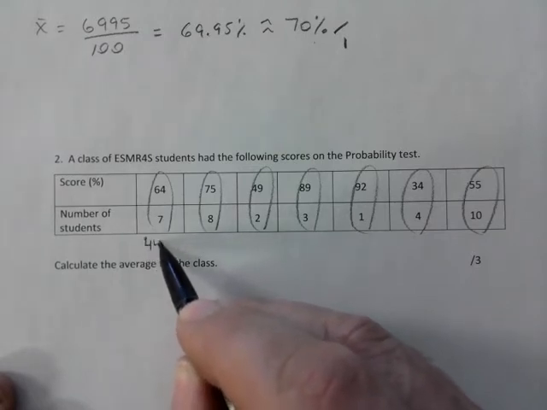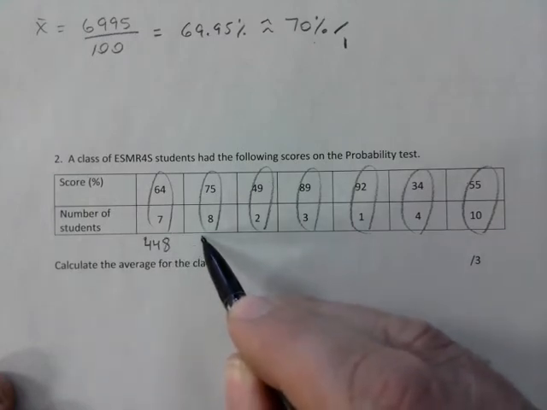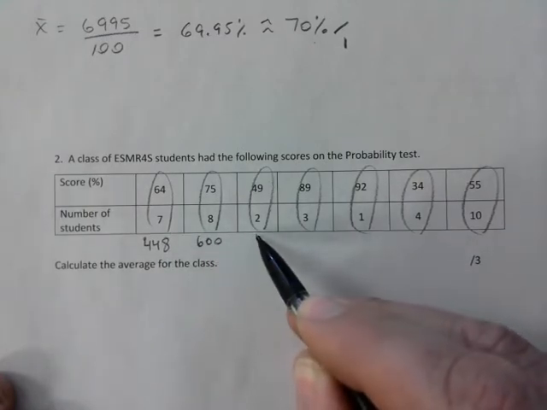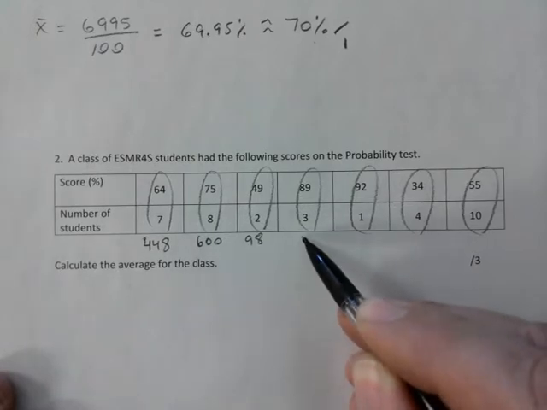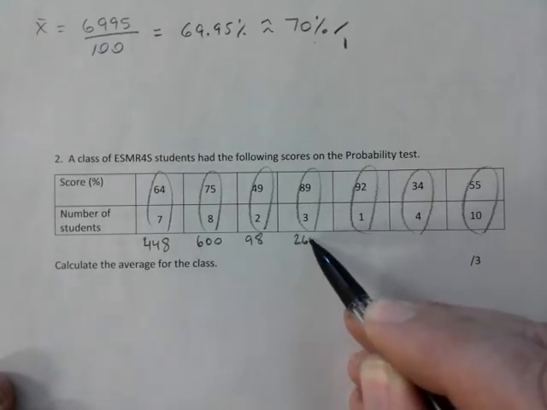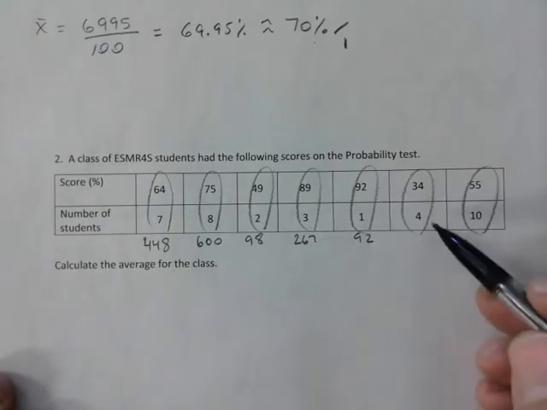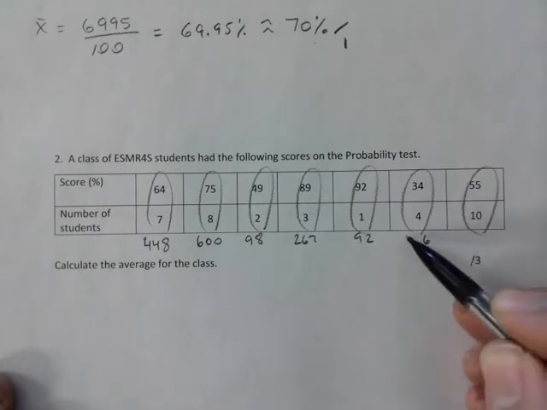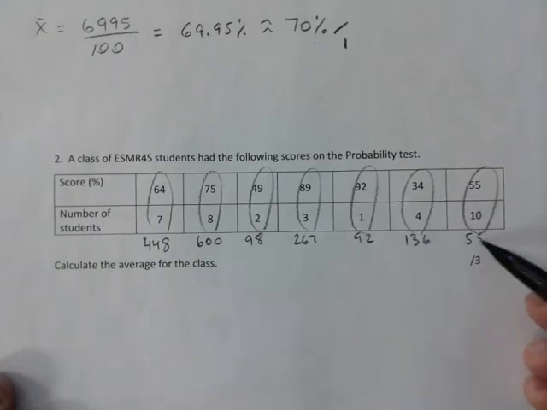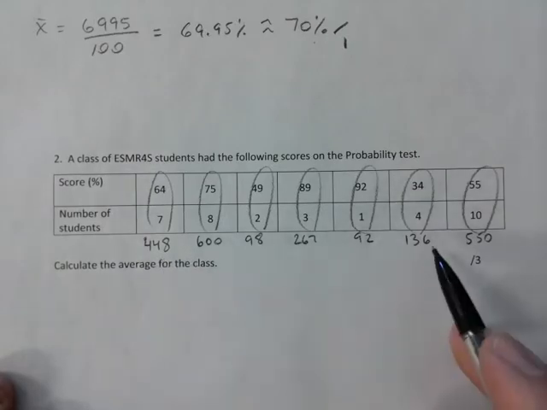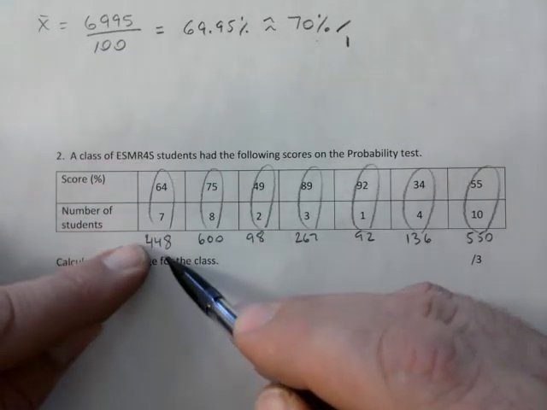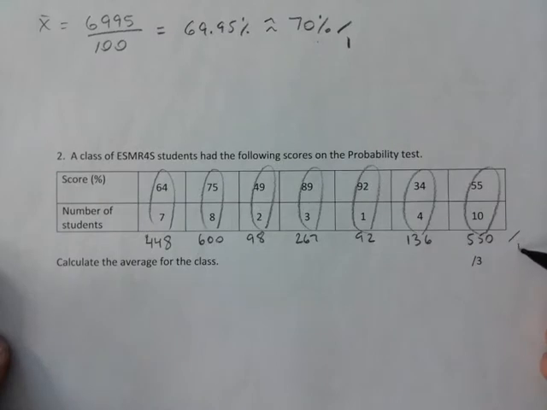Oh, okay, I like that. Yeah, that's easy. 600? Okay. 92, I got that one. 550, I got that one. Yeah, thank you. So technically, this is when you show me your multiplying. That would get you a mark for sure.